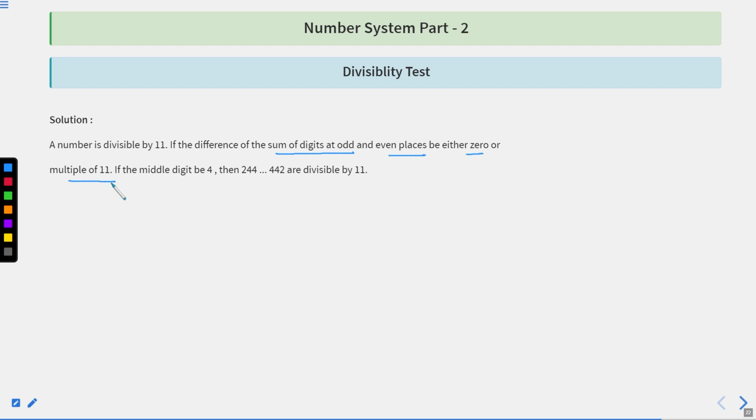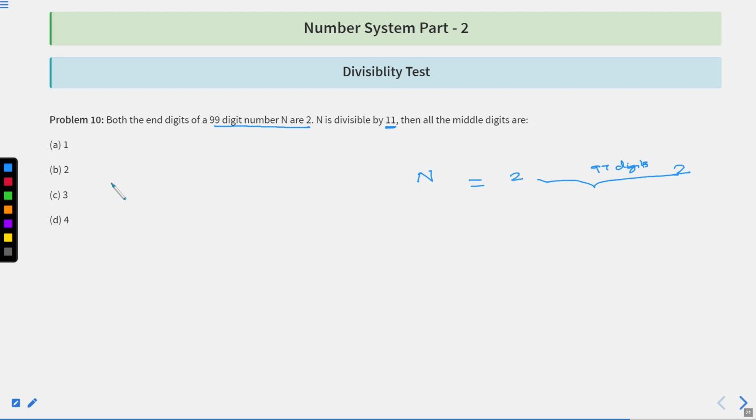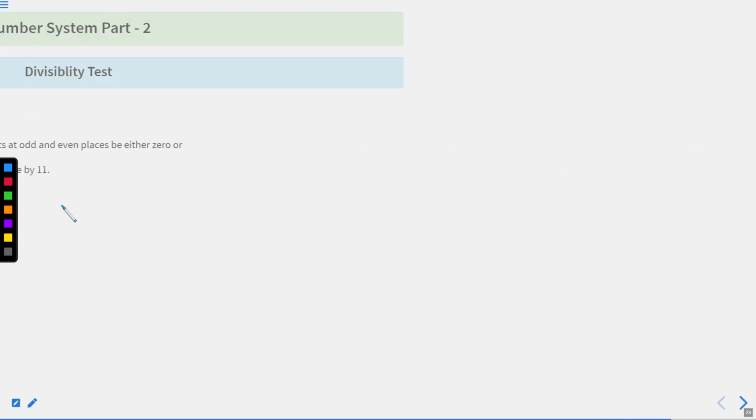So if the middle digit is 4, then it will be 2, then 4 repeated 97 times, and then a 2 at the end. So it is divisible by 11. If I choose D equal to 4, the number is divisible by 11. So the final answer should be option D.